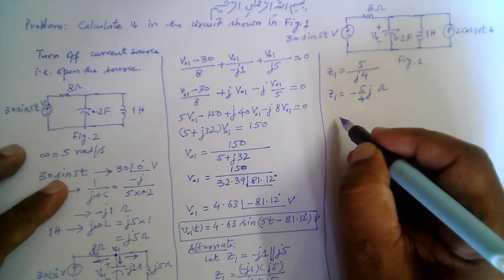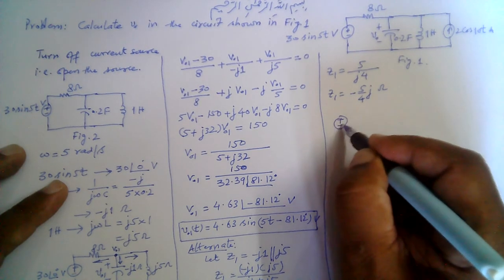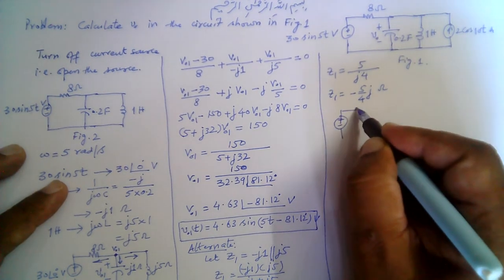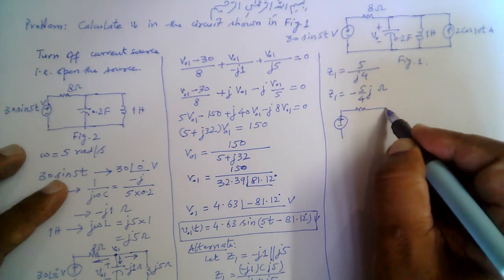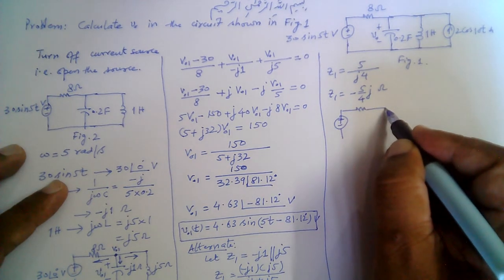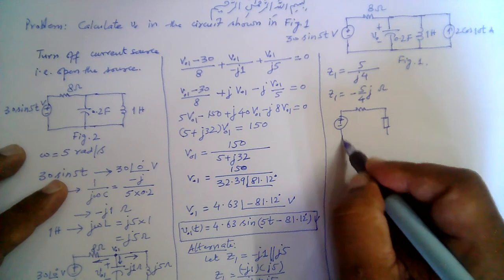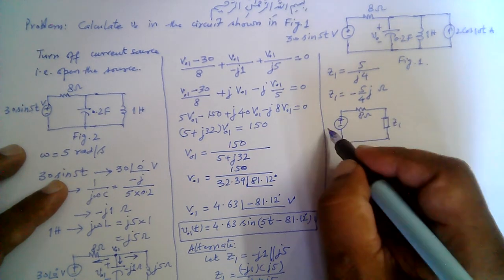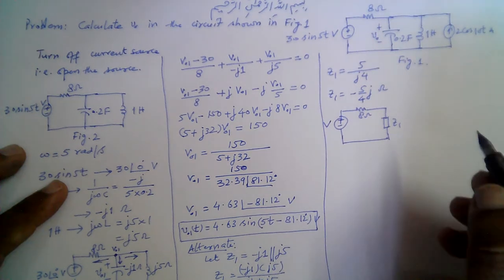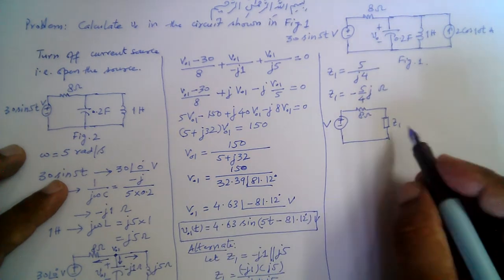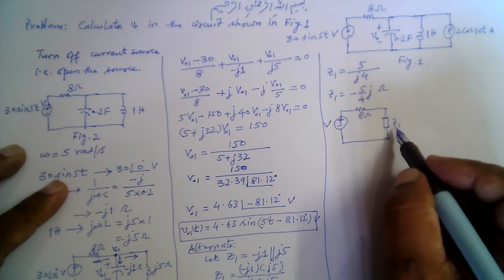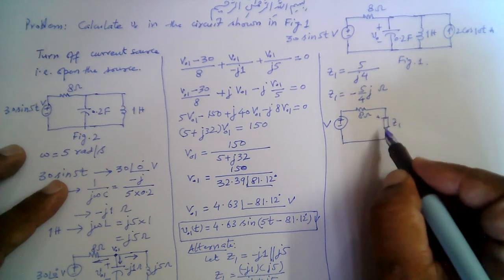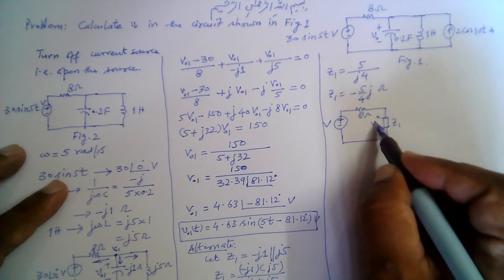So the resulting circuit will be like this: impedance Z1 here, then this is 8 ohm, and this is our voltage source V, which is 30 angle 0 degrees. So we are interested to find the voltage across Z1, and that is V01.